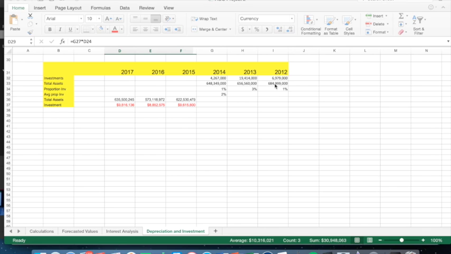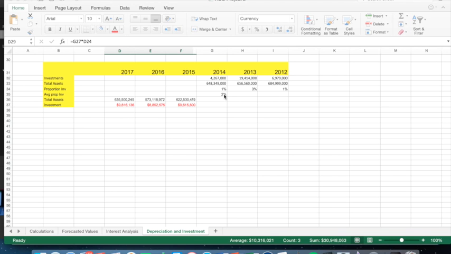We are then going to divide the investments total by the total assets total for each respective year to get a percentage shown here, 1%, 3%, 1%. We are then going to find the average of those 3 years, which gave us 2%.